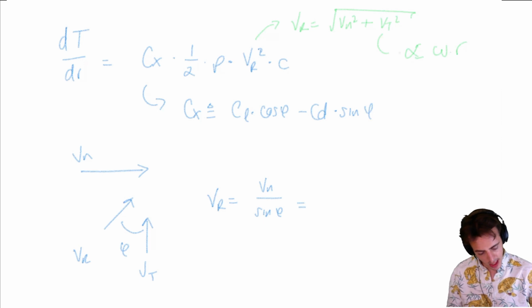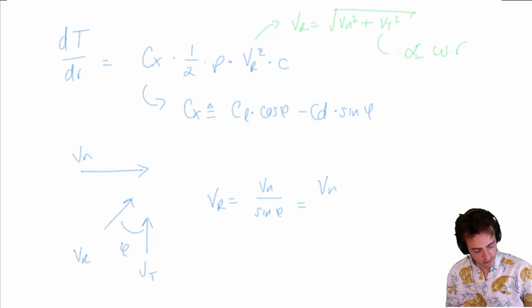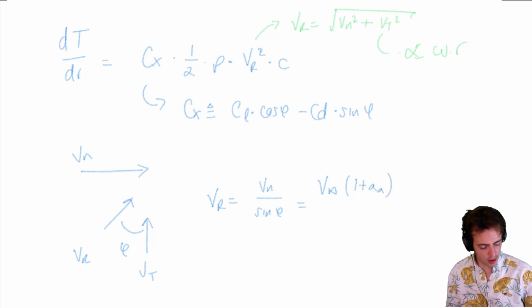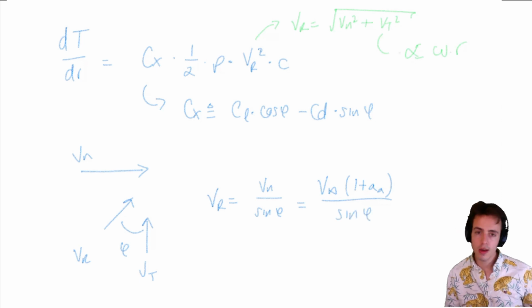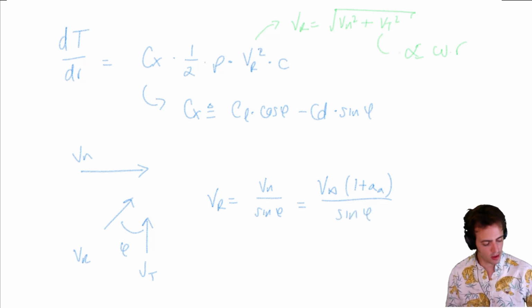I could also remember that Vn is just going to be V infinity, our flight speed, multiplied by my axial induction factor. So now I can replace this with a constant, my flight speed, then my induction factor, which we haven't determined yet, and then sine phi.